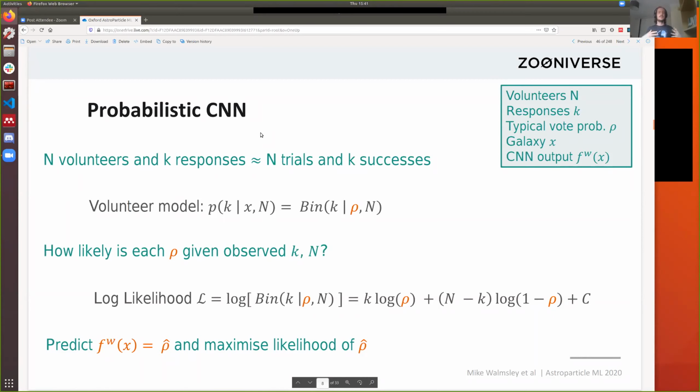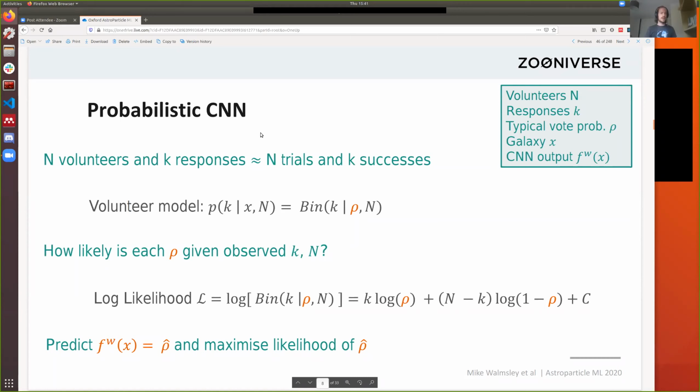That distribution will be parameterized by what I'm going to call rho, the typical response probability, how likely it is that your average volunteer would say bar. Having framed the problem that way, we can flip it around and ask, how likely is it that the typical response probability is some number, given the data that we've observed? So now we're doing inference.